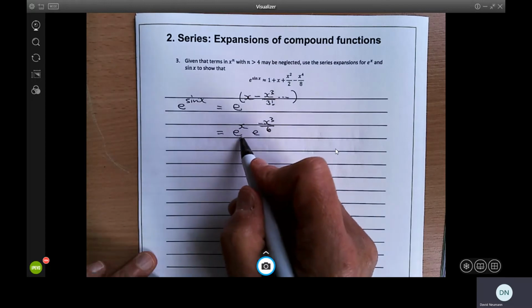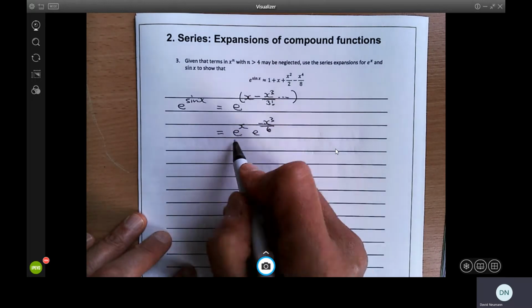And now we can use the expansion of e to the x on both of these.